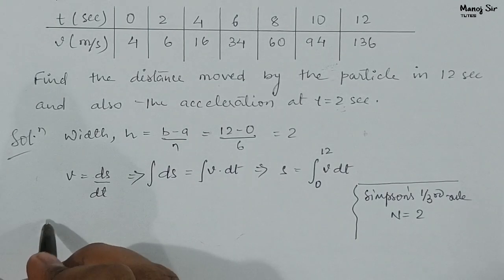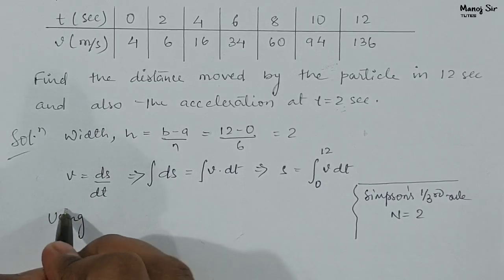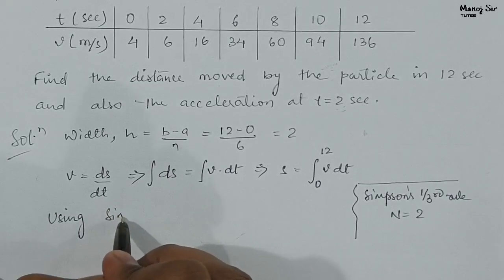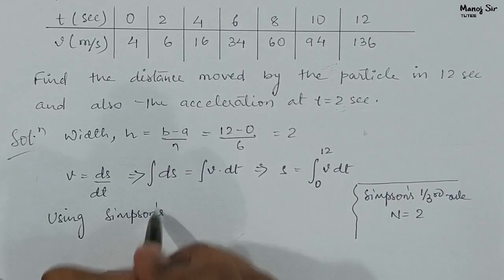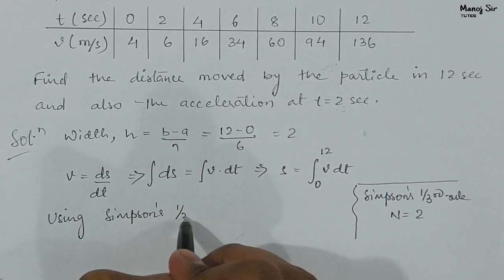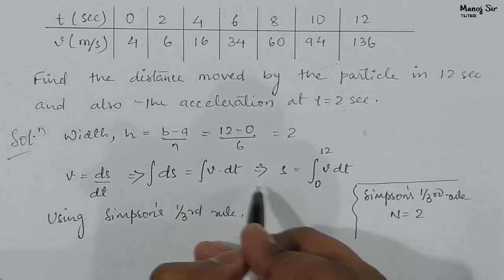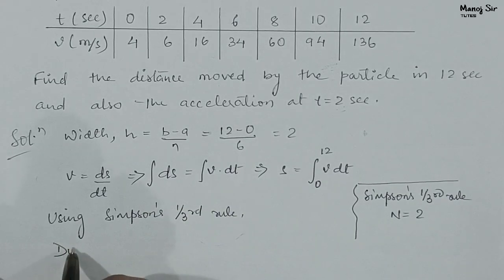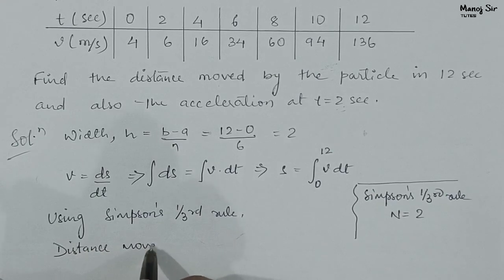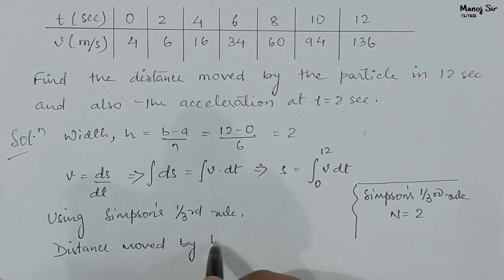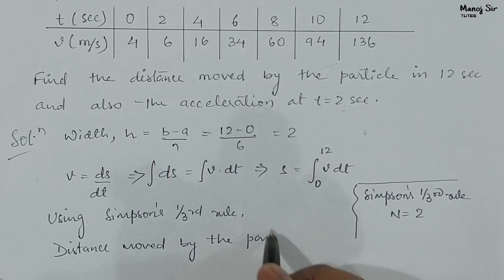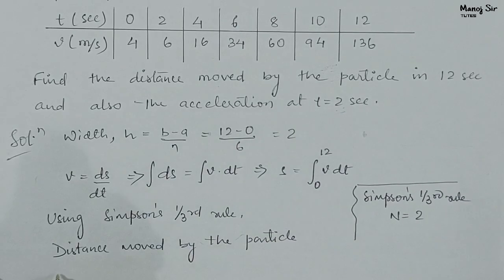Okay, so we can write, using Simpson's 1/3 rule. So we are finding here the distance moved by the particle in 12 seconds.